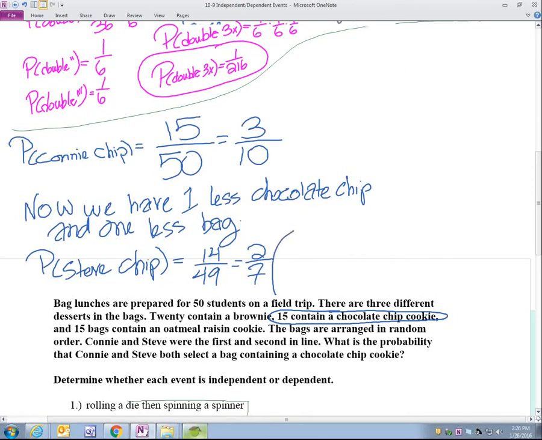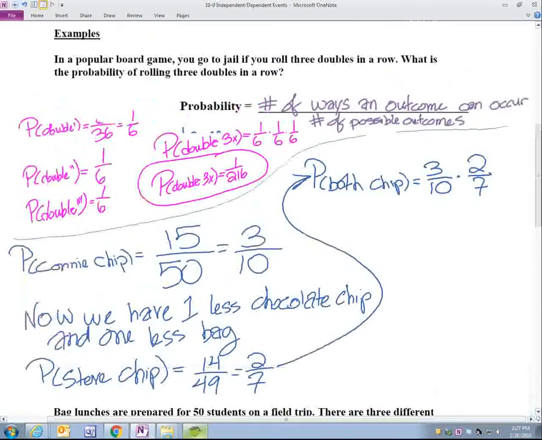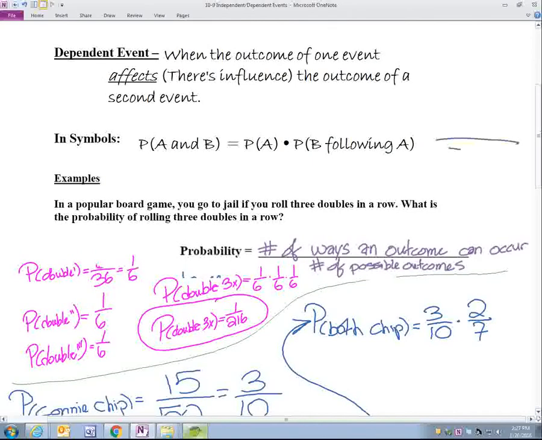So I'm just going to put a line. So the probability of both chocolate chip. So I'm going to multiply 3/10 by 2/7. And if you're wondering where I'm getting that from, on the first page, it's this right here.